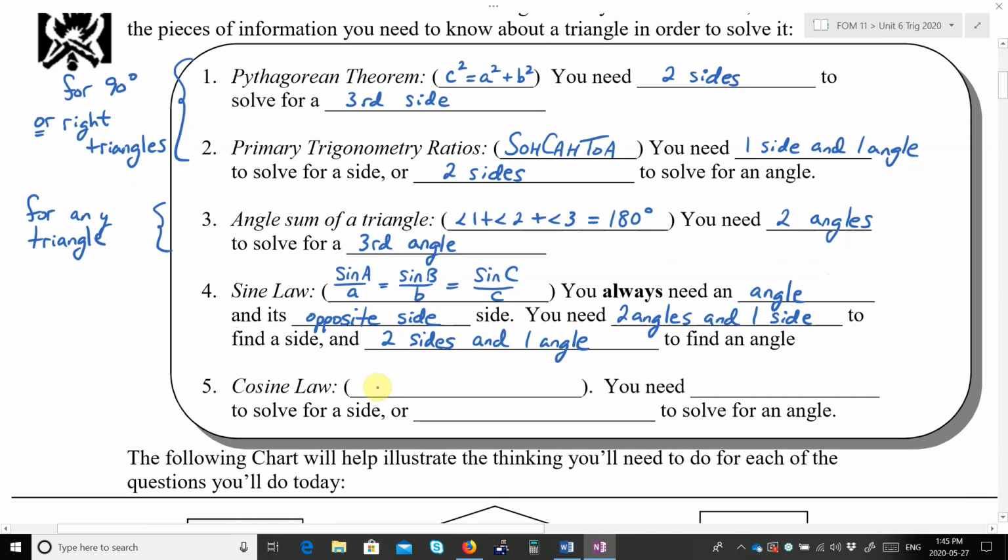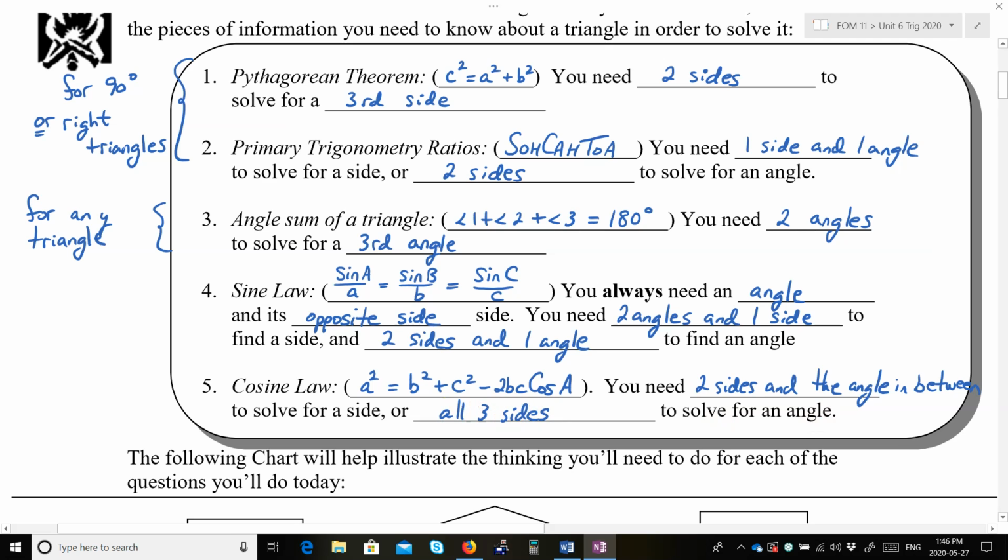And then of course from there was the cosine law, and the cosine law says a squared is equal to b squared plus c squared minus 2bc cos A. And for this, you need two sides and the angle in between those two sides to solve for a side, or if you want to solve for an angle, you need all three sides.